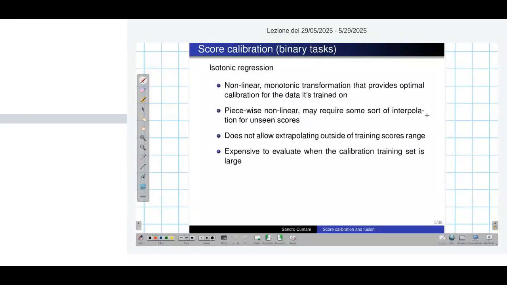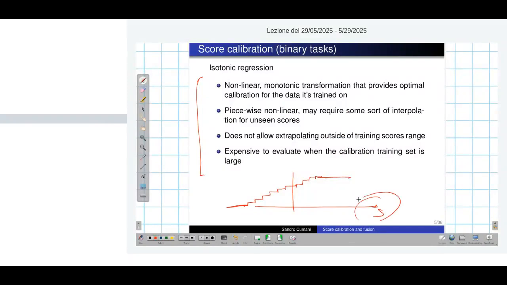Essentially, isotonic regression is a transformation that we will not see how it works, but it takes as input the score of your classifier, and for the different scores gives you as output the corresponding class posterior probability for class 1 that should be associated to that score.